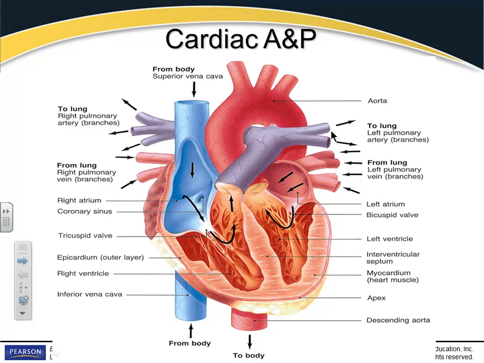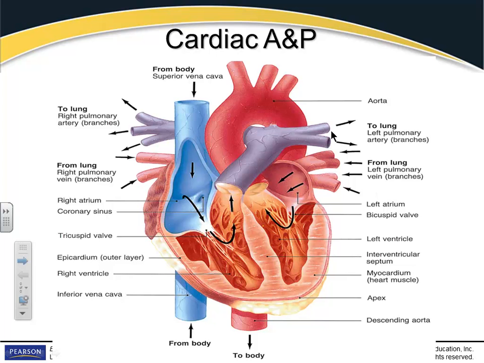The pulmonary vein then returns blood to what chamber? The left atrium, because all blood returns to the heart into one of the atria, and all blood leaves the heart from what chamber? The ventricles, if that helps you remember. What are the major vessels that return blood to the heart from the body?